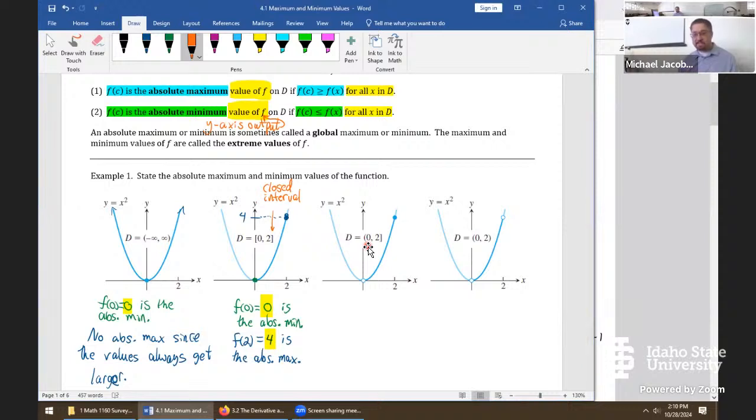For example, 0.1 is in that set, 0.001 is in that set, 0.000001 is in that set, but not 0 itself. However, on the upper end, 2 is in that set, so we don't have the same weird game where we're taking smaller and smaller numbers, excluding the lower boundary value of 0 in that case.